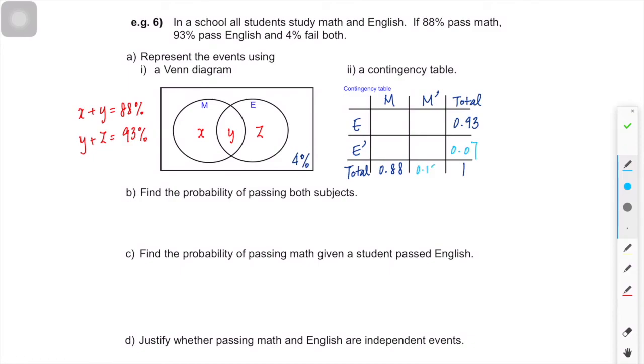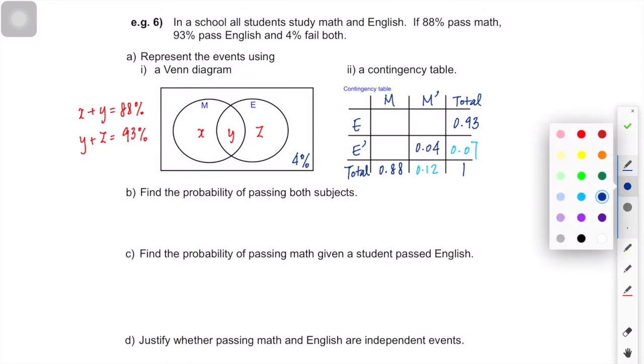Here, 0.12. Right? Now, what else can I find? I know that 4% failed both subjects. So, math failed, M prime, E prime. This must be 0.04. Now I think I can work out more numbers, right?